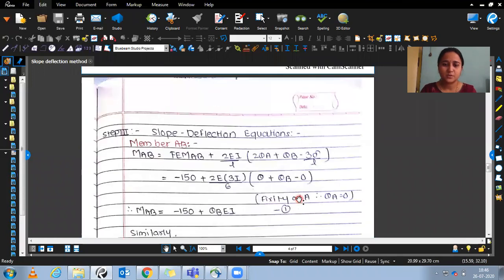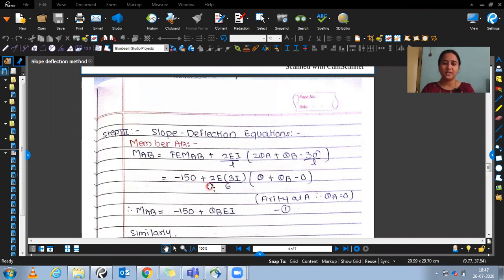Moving towards the slope deflection equation for the member AB. For member AB, because of the fixed end, MAB equals FEM AB plus 2EI by L times (2 theta A plus theta B minus 3 delta by L).